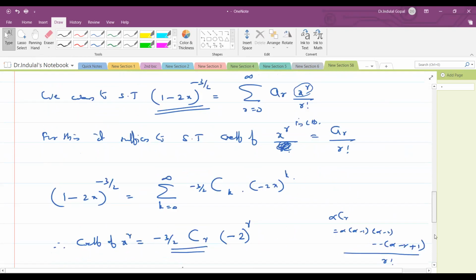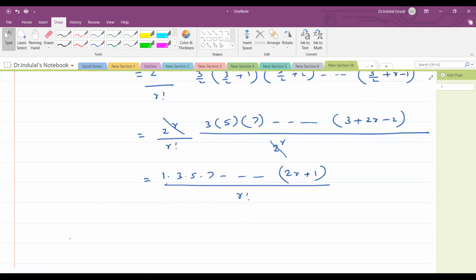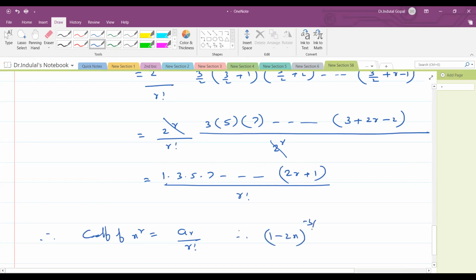Therefore, 1 minus 2x all raised to minus 3 by 2 is the exponential generating function for the sequence AR.